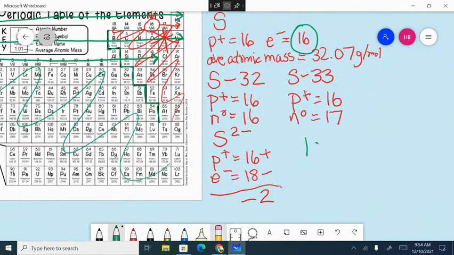So 1s2 represents the 2 electrons that belong to hydrogen and helium. 2s2 represents the 2 electrons that belong to lithium and beryllium. 2p6 represents the electrons that belong to boron through neon. 3s2, sodium and magnesium. And then if you notice, sulfur sits 4 positions into the 3p sublevel. So we go 3p4.